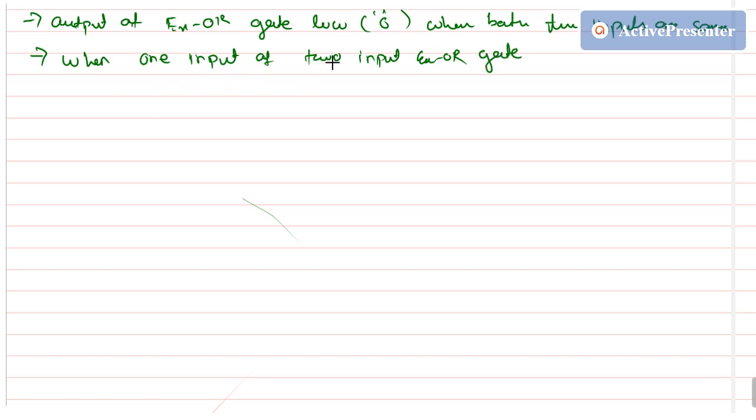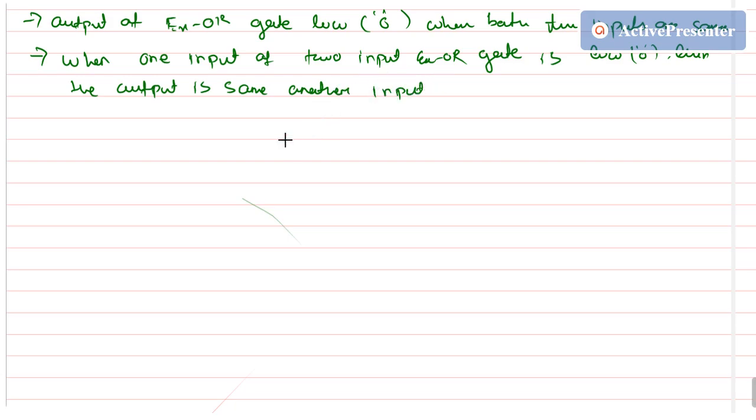So when one input of a two input XOR gate is low, or we say 0, then the output is the same as the other input.